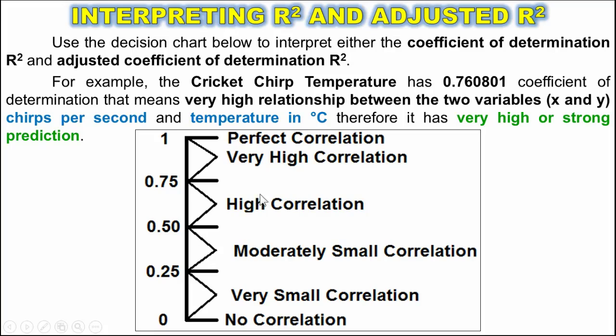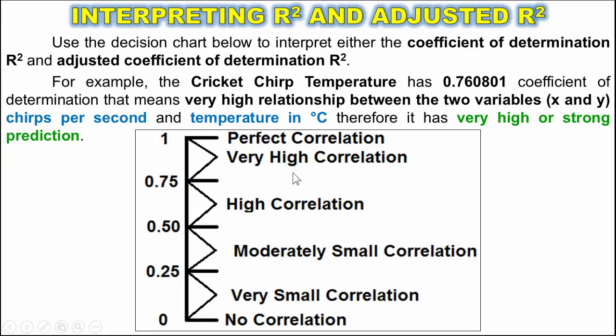For example, the cricket chirp temperature has 0.760801 coefficient of determination. That means very high relationship between the two variables x and y, the chirps per second and temperature in degrees Celsius. Therefore, it has a very high or strong prediction.